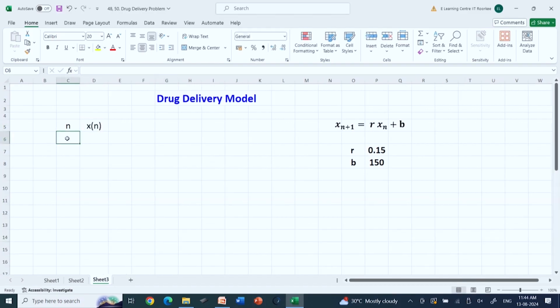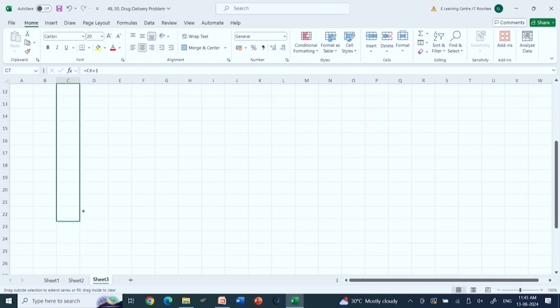So we put here n equal to 0. The initial value here is 0. So we increase here by 1 and drag this to a few values.